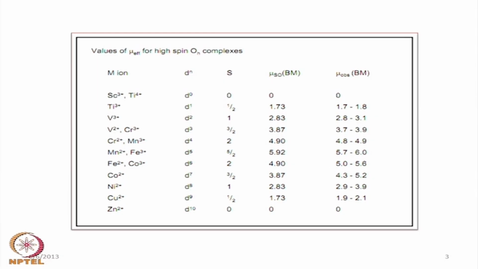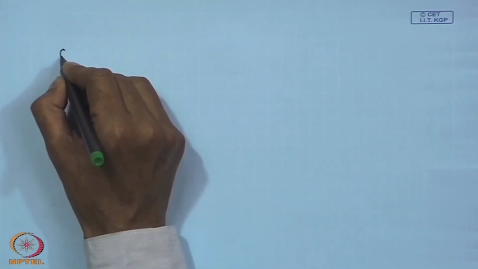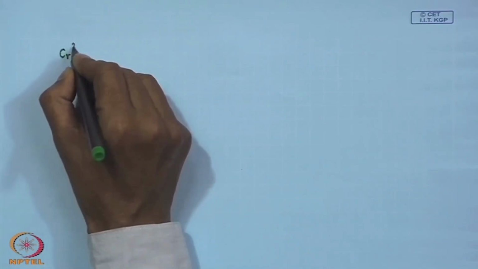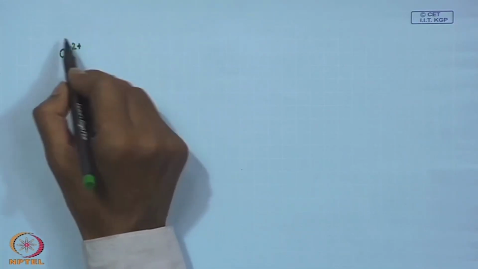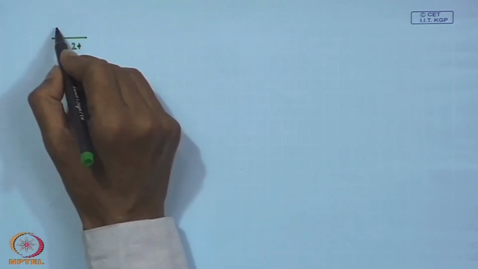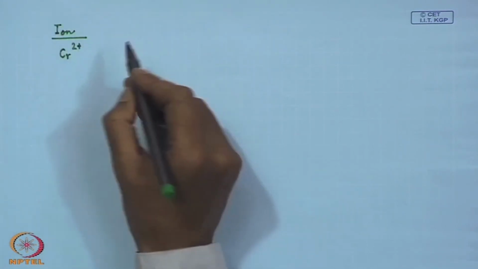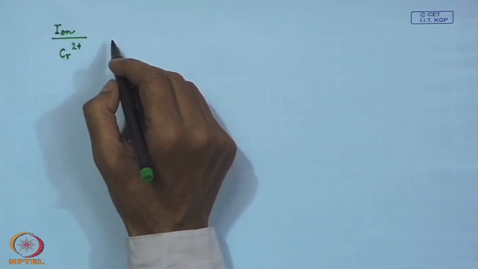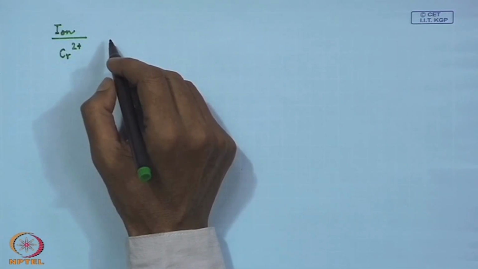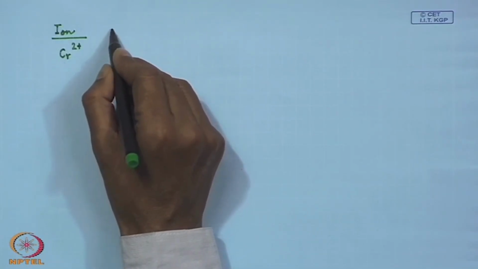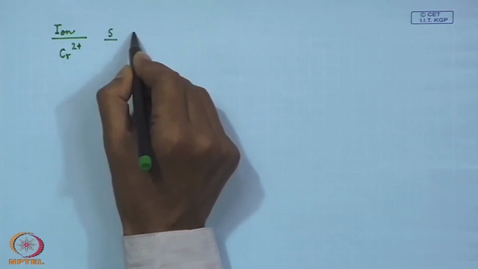We can see the different values for, say, chromium 2 plus. So, if the metal ion is chromium 2 plus, we can have the corresponding ground state quantum numbers, that means the S values and the L values.